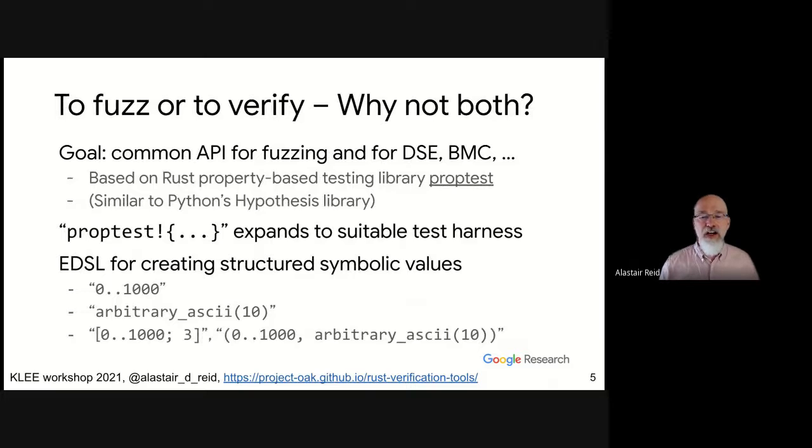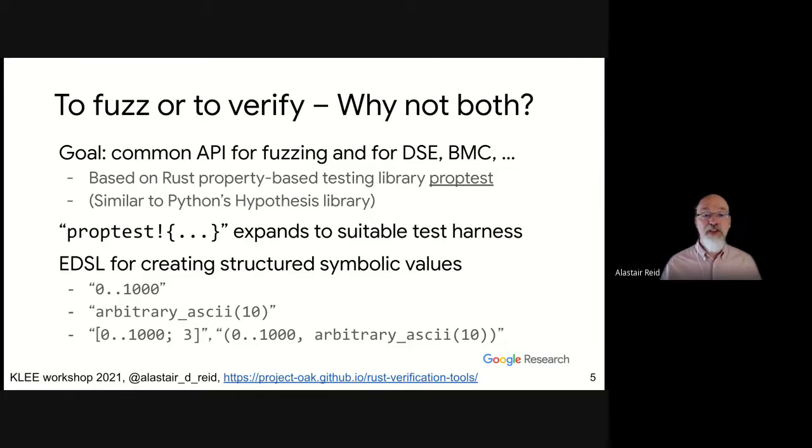Now, on top of that low-level API, we also created a high-level API. Our goal here was that we wanted to have a choice of verification techniques we can use. In particular, we wanted to be able to use fuzzing, or to be able to use tools like symbolic execution, bounded model checking, and so on.